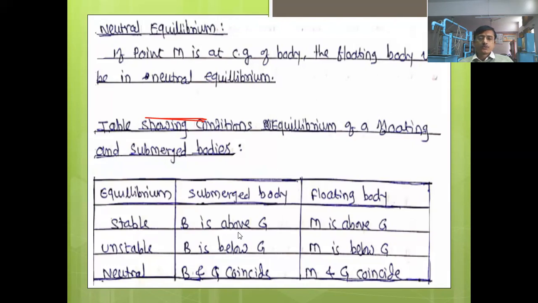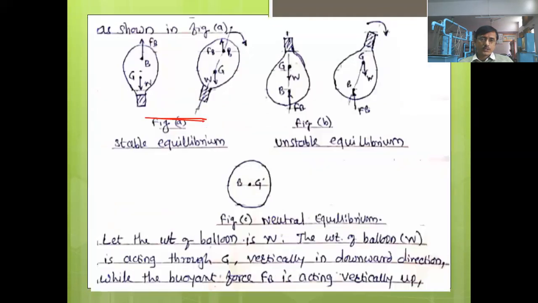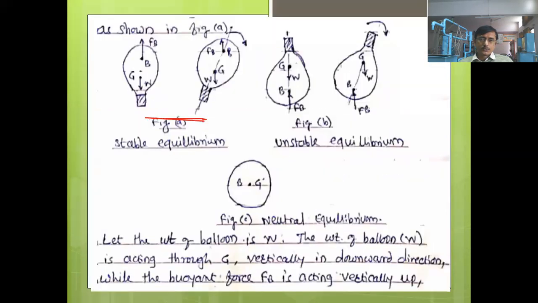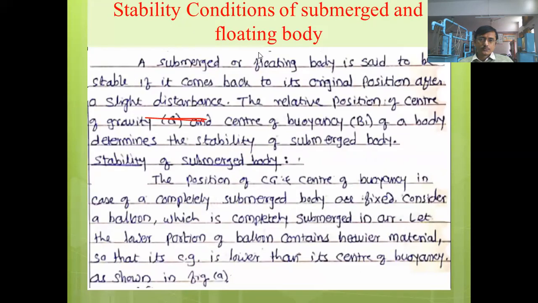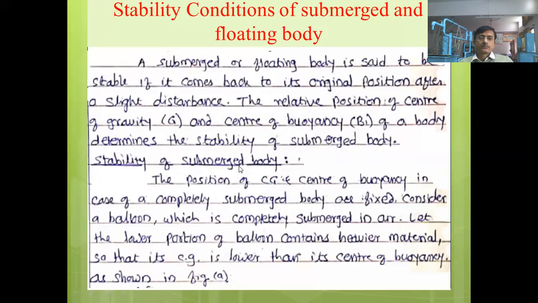So you should write this table in your notebook. Before that, write down the title of this particular point. What was the title? Stability conditions of submerged and floating body.